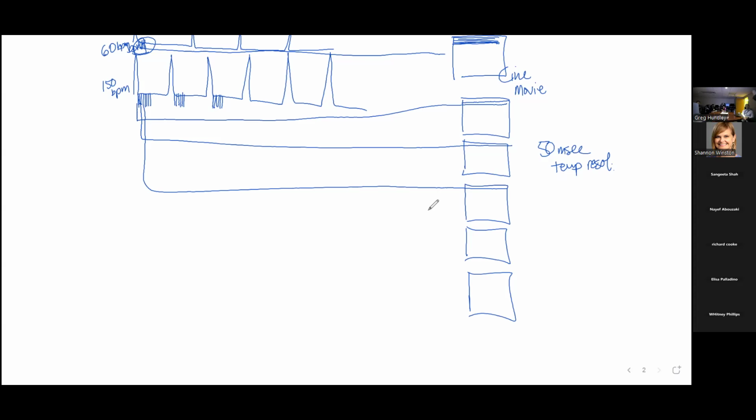We cut the number of lines on the frame of the movie, but we're collecting them 2 to 2.5 times faster. So in the same 8 to 10 second breath hold, you have this beautiful movie constructed.